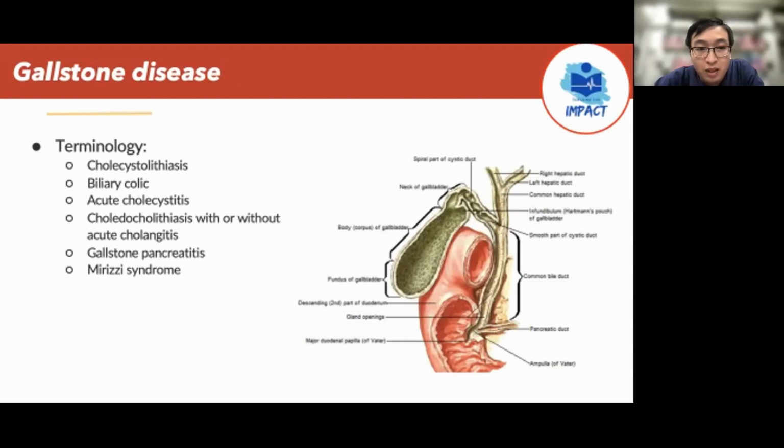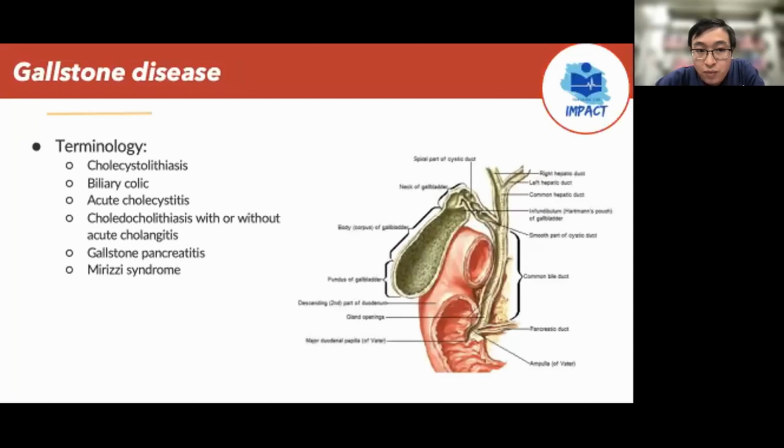It's literally just code for inflammation of the gallbladder. And usually when we use it, we refer to a syndrome of 3 things: right upper quadrant pain, fever, and elevated white cells, so leukocytosis, that's usually associated with gallbladder inflammation, as Joel said.